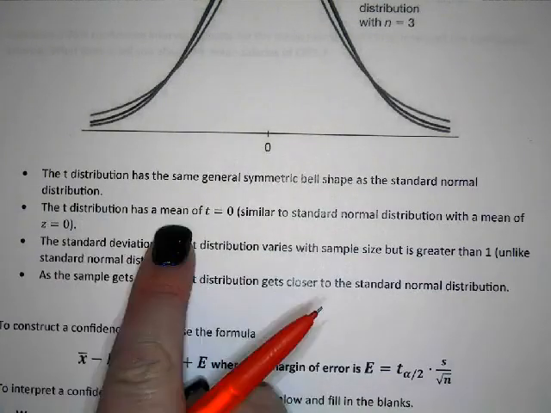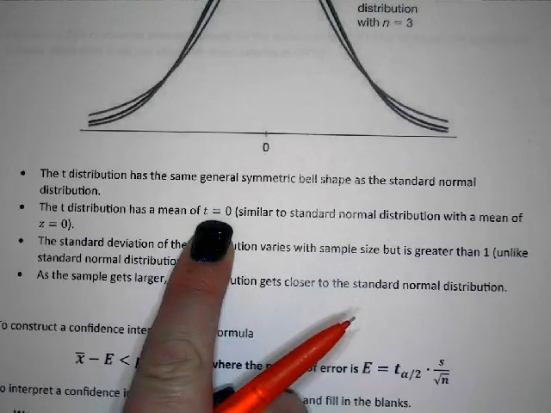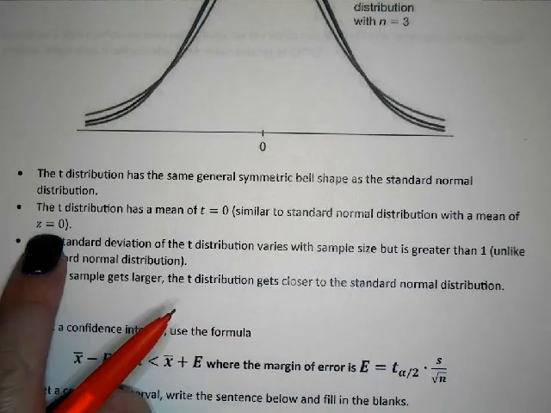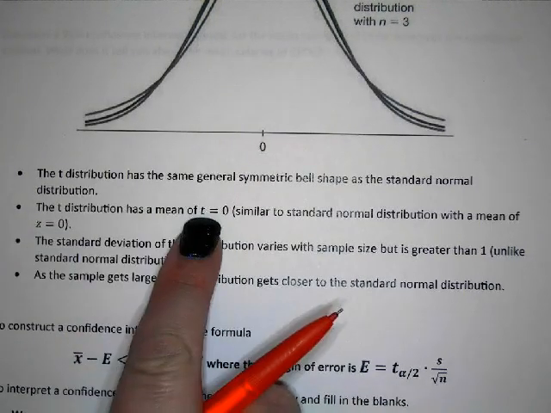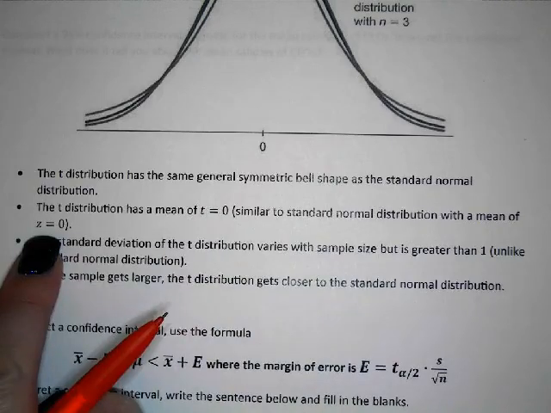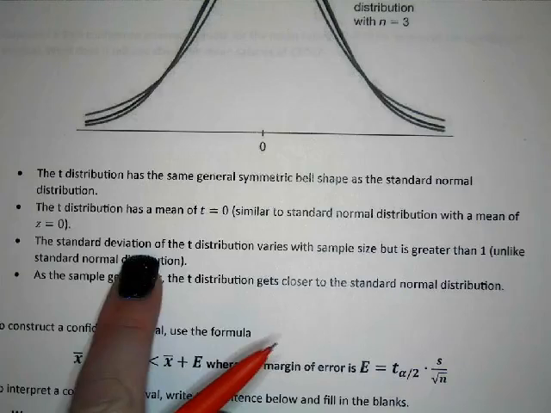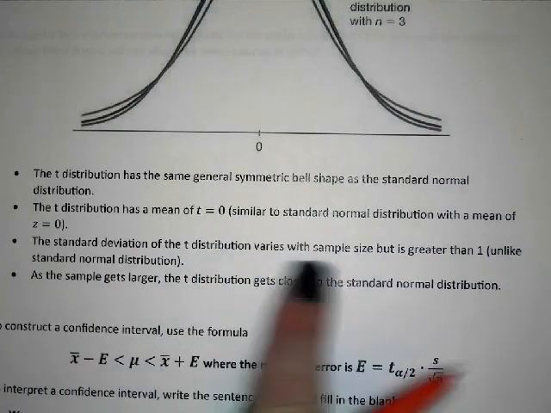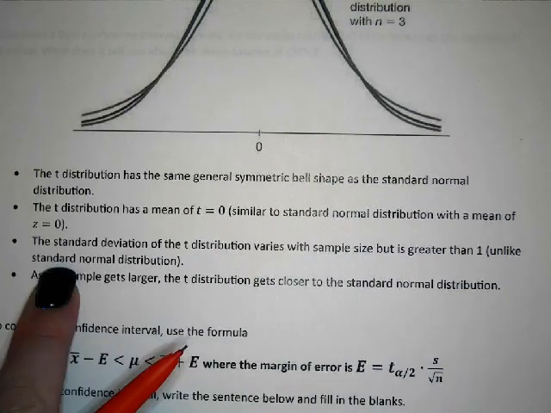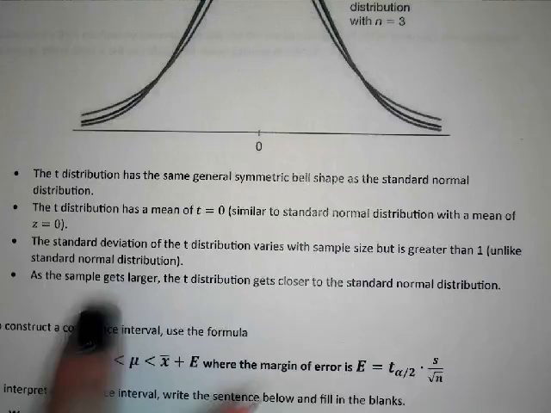The t distribution has a mean of 0, just like the normal distribution had a mean of 0 as well. It's just that we have t equals 0 instead of z equals 0 because we're dealing with different variables this time. The standard deviation of the t distribution varies with the sample size but is greater than 1. And this is what's different: because we have smaller sample sizes, we have more variation.